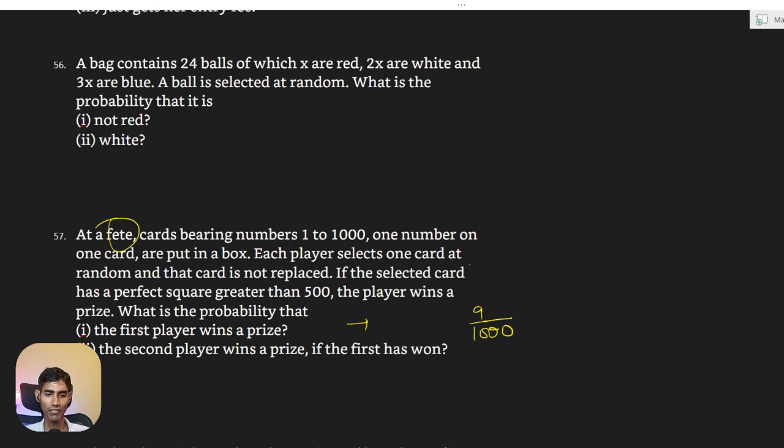I was saying there are 5 numbers that are perfect squares after 500. Sir, I got 9 numbers. Okay? Just a moment.